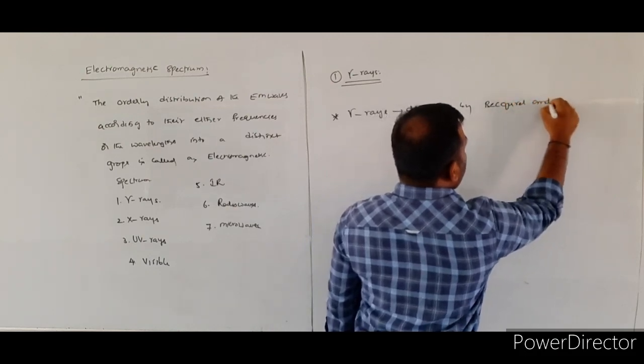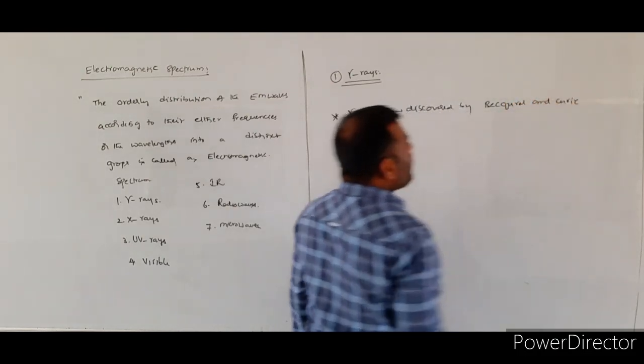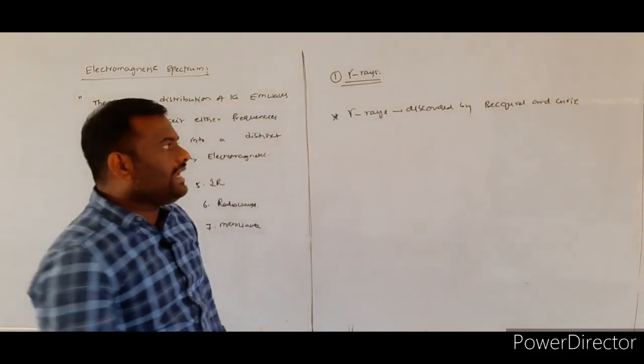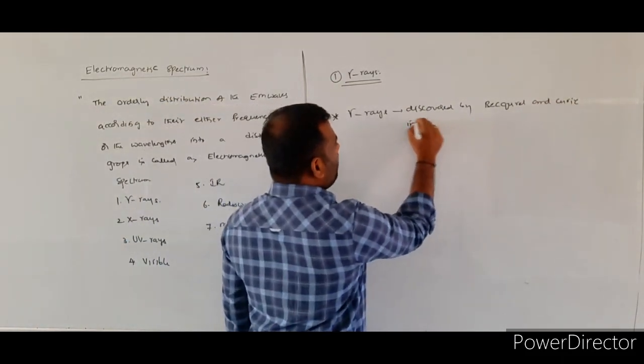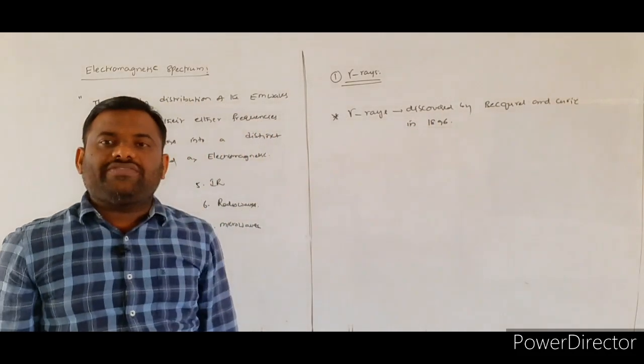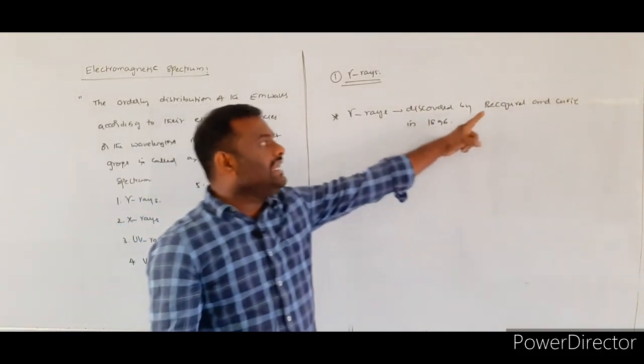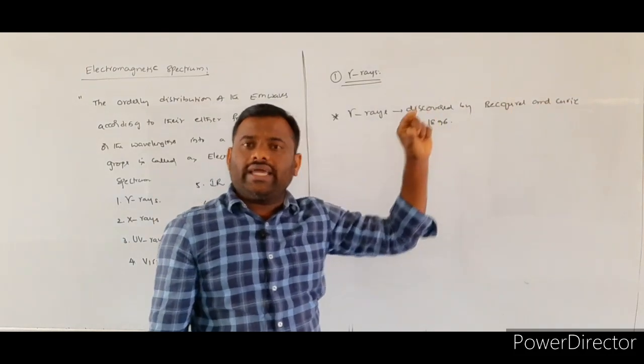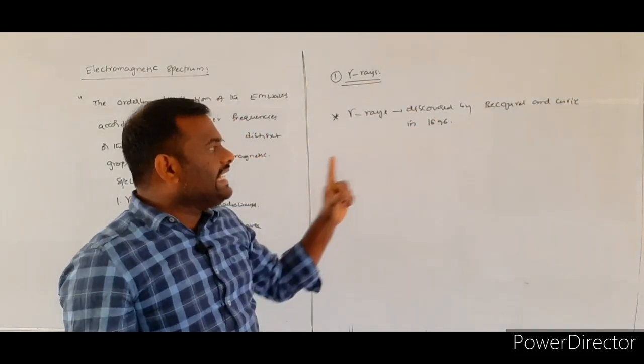The gamma rays were first discovered by the scientists Henry Becquerel and Curie in the year 1896.